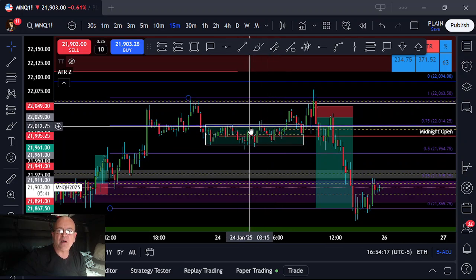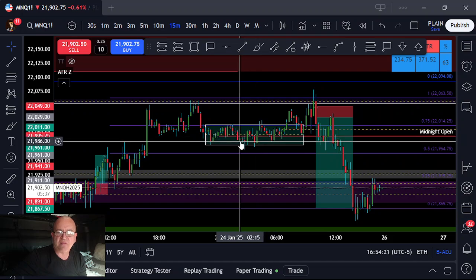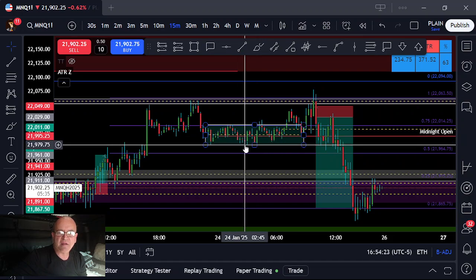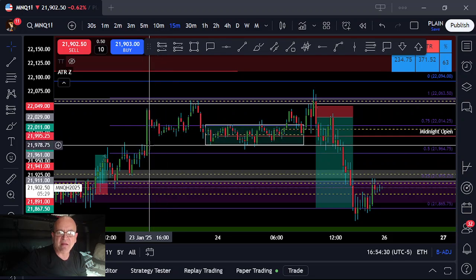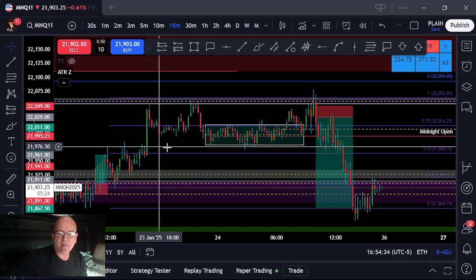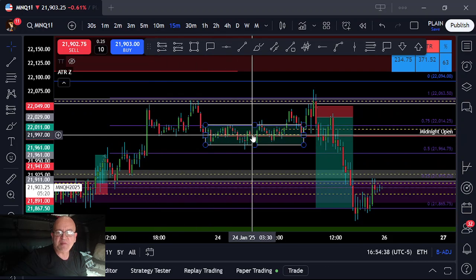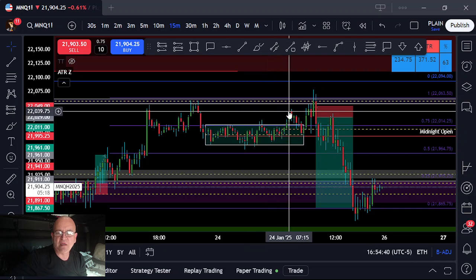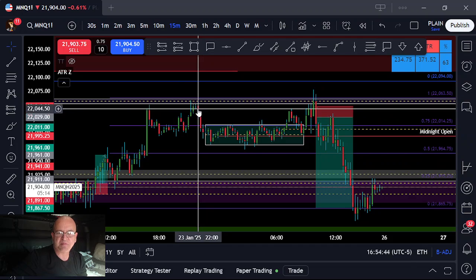Okay. Now, what is it doing on either side of this? This candle was the first candle that finally rebalanced this fair value gap. All of these pushes up are doing what? Rebalancing this inefficiency.